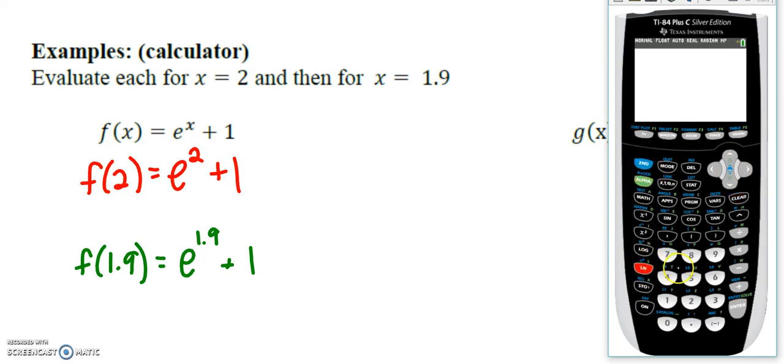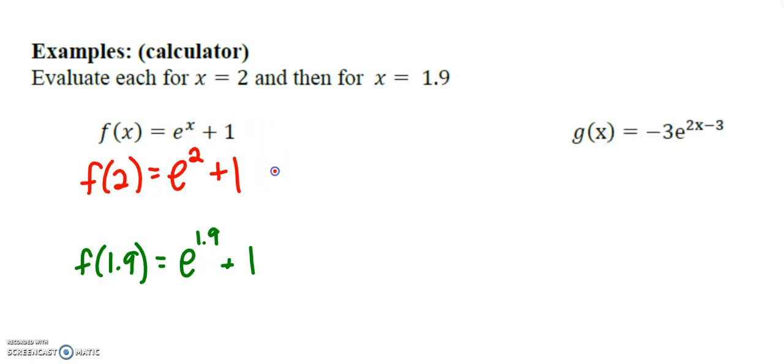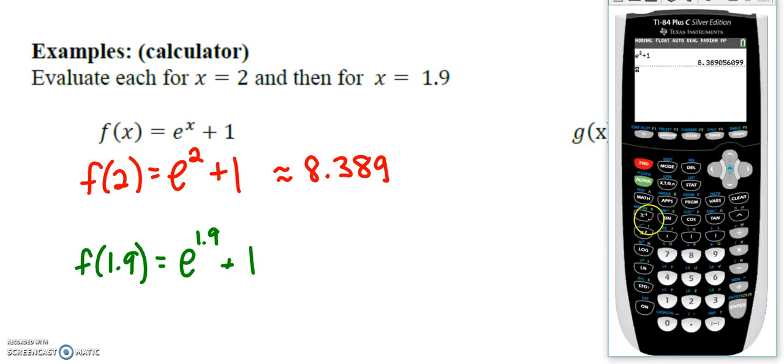So I can type in e to the second plus 1, and I get 8.389. Doing that again, I can go second e raised to the 1.9, and I get 7.686.